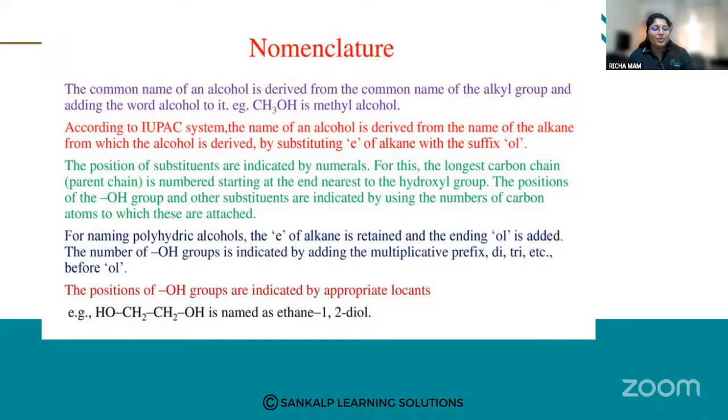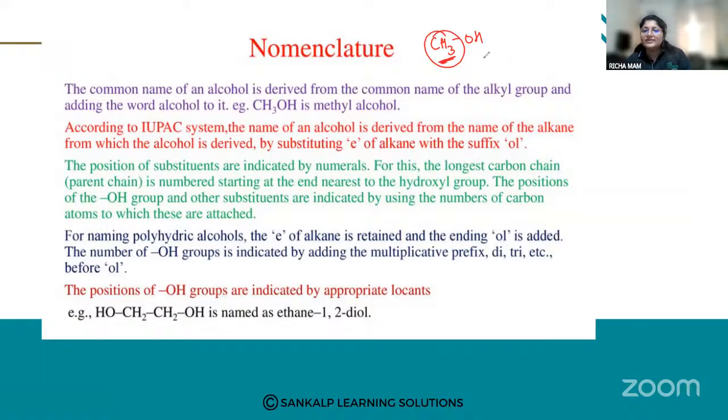When we are giving the common names of the alcohols, we have to give first the alkyl group and then the word alcohol. Suppose you have CH3OH. What is this group? It is a methyl.